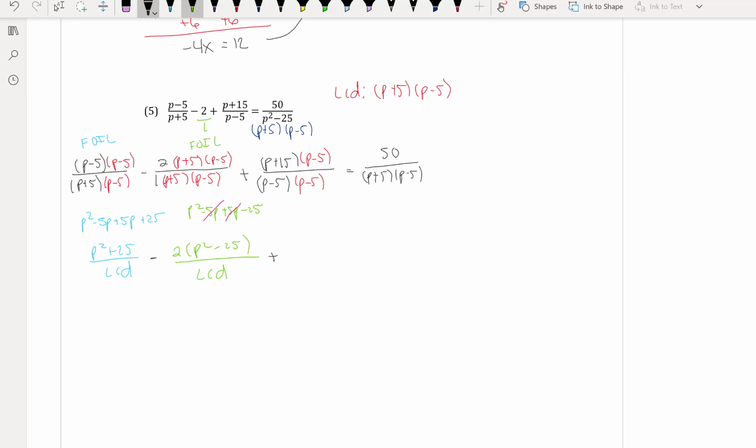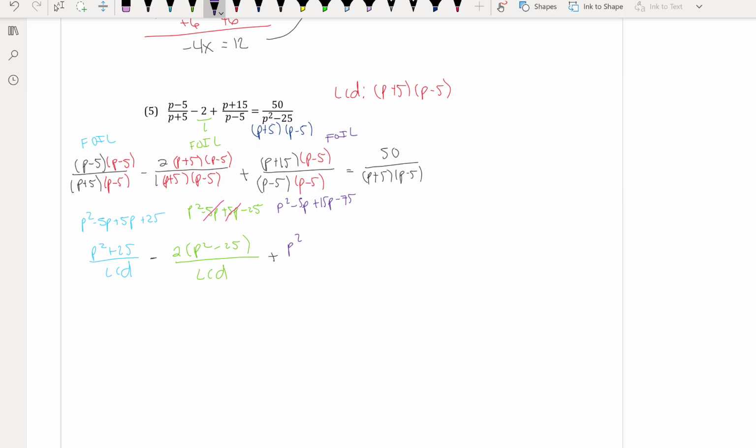Plus my next fraction. So that next fraction, let's see what I have here. I'm going to FOIL this as well. So when I FOIL that, I'm going to have a p squared minus 5p plus 15p, and 15 times 5 is 75. That's going to be a negative 75.